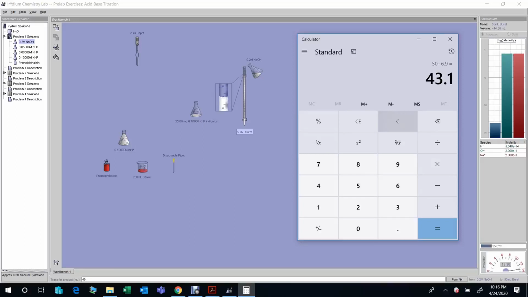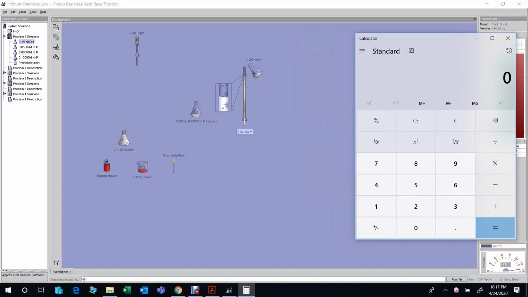And we just keep this in mind. But we do need to record the value here, 6.9. That's the initial reading we need to record.